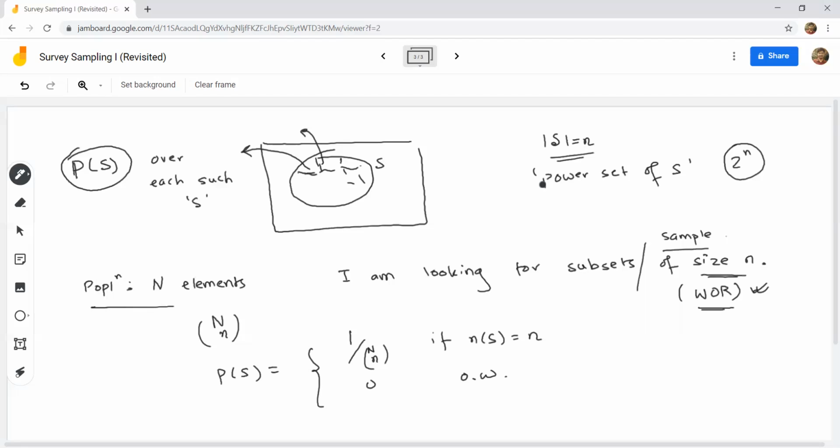You are assigning equal probability of 1 by NCn to each of these n element subsets. Basically, if you partition this population into all n element subsets, there will be NCn such subsets. For each such subset you are assigning equal probability of 1 by NCn. So that is your PS.